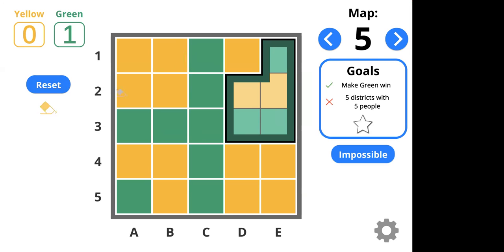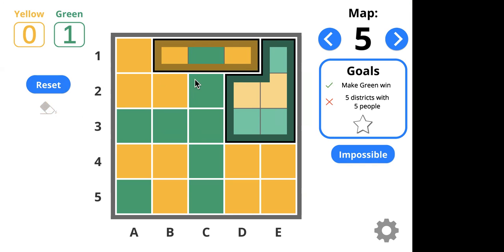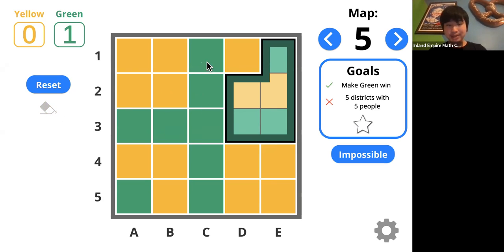Yeah, 1, B, C, D. And then 2, B, C. And then, wait, no, that's not gonna work, because you're wasting these 2 green votes here.